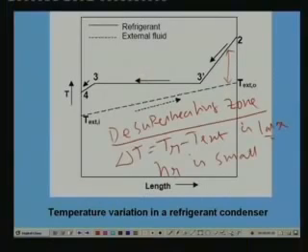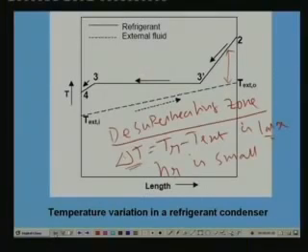So, you find that typically the heat transfer coefficient in this region, that means in the desuperheating region, is small compared to the condensing zone, because in the condensing zone the heat transfer is both by sensible as well as latent mean. So, you find that the condensation heat transfer coefficient is much larger than that of the single phase heat transfer coefficient. Okay. So, in the desuperheating zone, HR is small, whereas delta T is large.